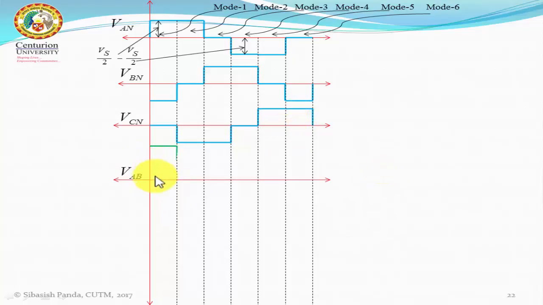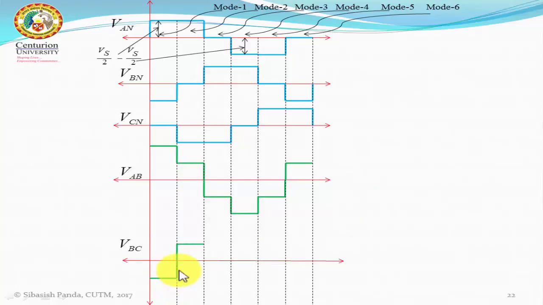Okay. What is the value of AB? In mode 1, Vs, then Vs by 2, minus Vs by 2, minus Vs, minus Vs by 2, then Vs by 2. So this is my Vs and this is Vs by 2.